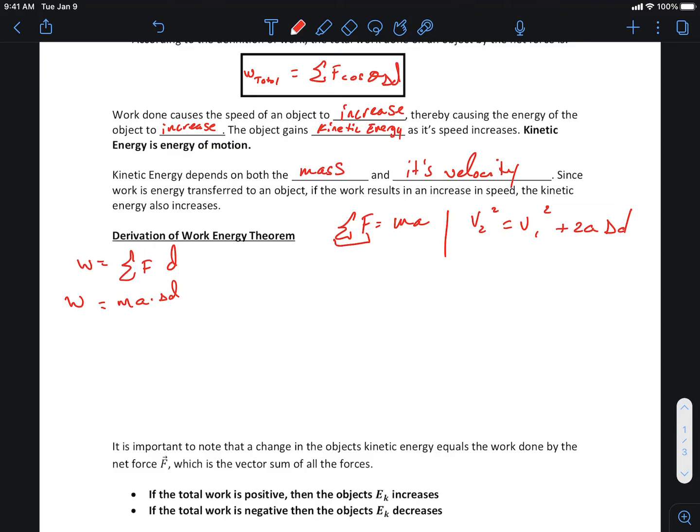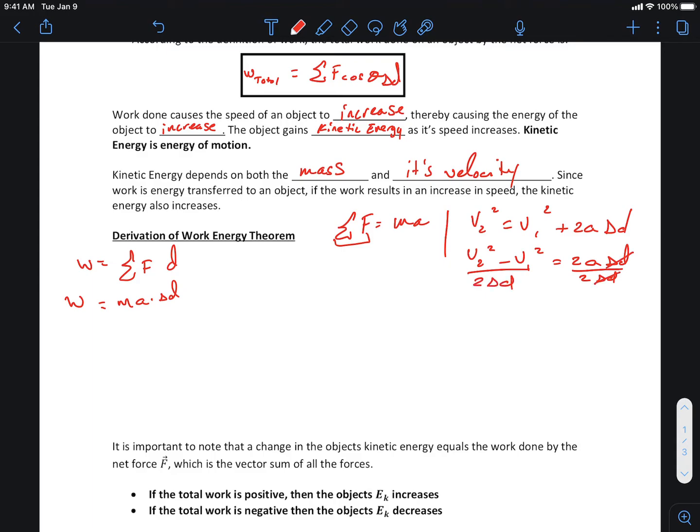Well, let's find out. If I find out what a is, then I can plug it in where a is. So I'm just going to isolate for a. V2 squared minus V1 squared is equal to 2a delta D. And if I'm interested in getting a by itself, I can divide both sides by 2 delta D. And what do you get?